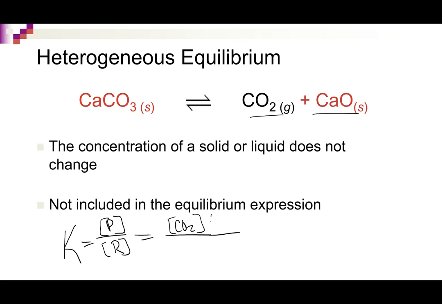And if it makes your brain feel better, you can put the number 1 there, just so you're like, okay, I've accounted for this, but it's not going to affect the equilibrium. And then we take the concentration of our reactants, and again, calcium carbonate is a solid. So that is not going to be included. And again, you can put the number 1 there just to help it make sense in your brain.